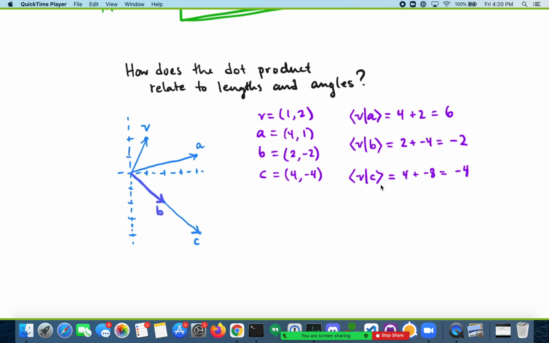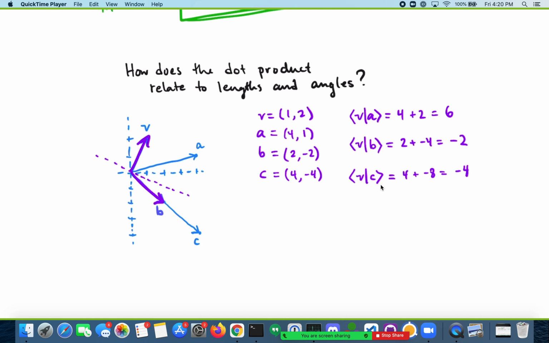Okay, so what we're seeing here is that V and A have a positive dot product. V and A are pointing in roughly the same direction, compared to V and B. If I draw on this line, you can see B is going at least in that direction rather than this direction.